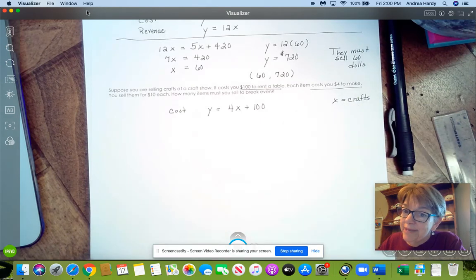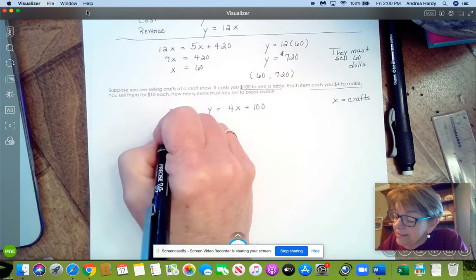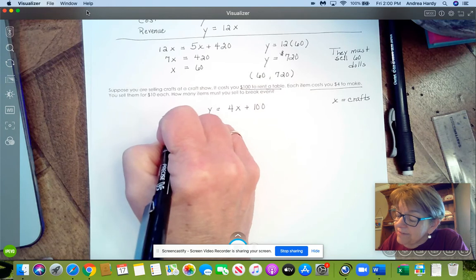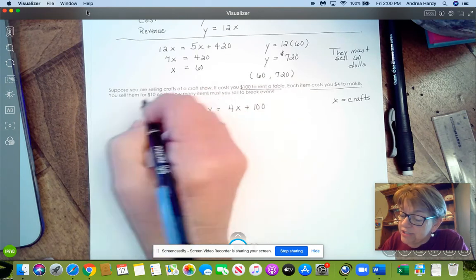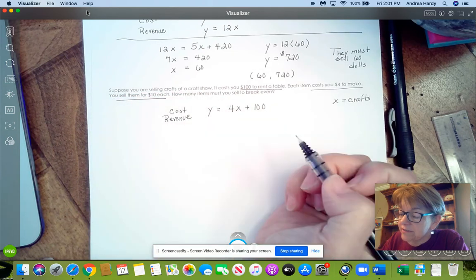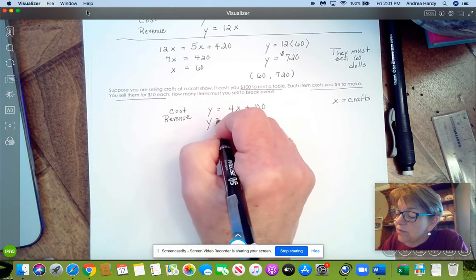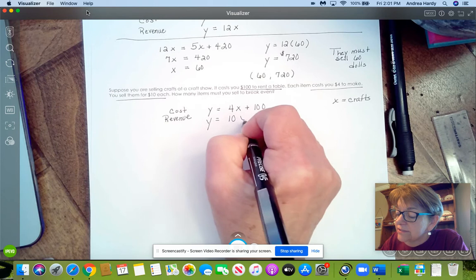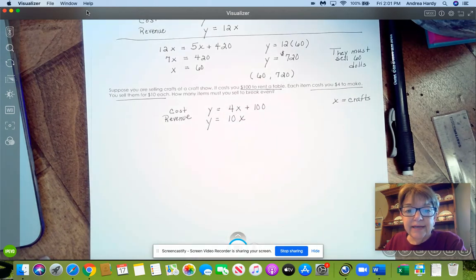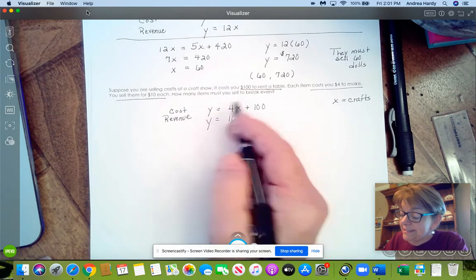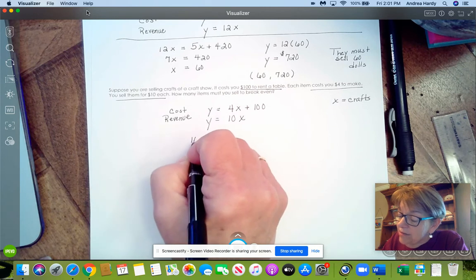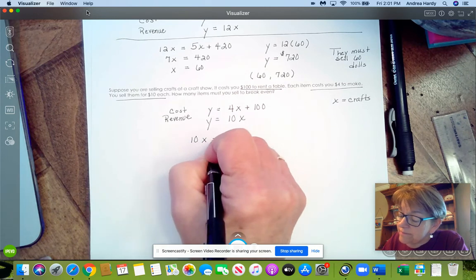I don't know what I'm making, but it's crafts. Okay? And my revenue, $10 each. You sell them for $10 each. So what I'm going to get is $10 for each item that I make. And I'm going to answer the question, how many items must you sell to break even? Just like in the previous example, I set my cost and my revenue equal.